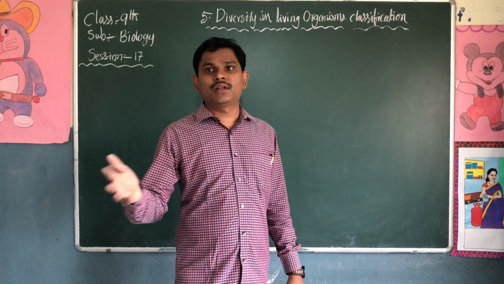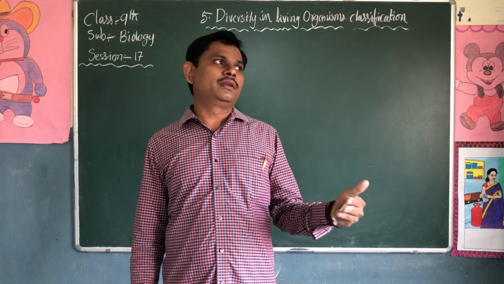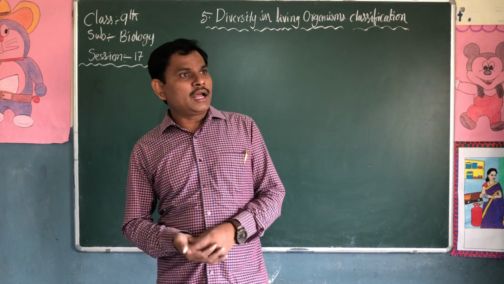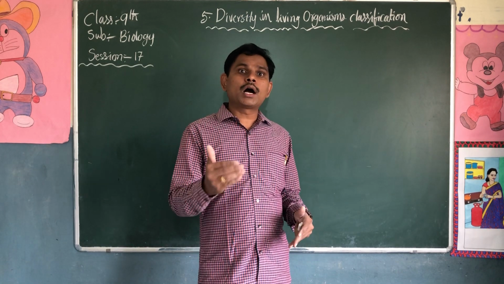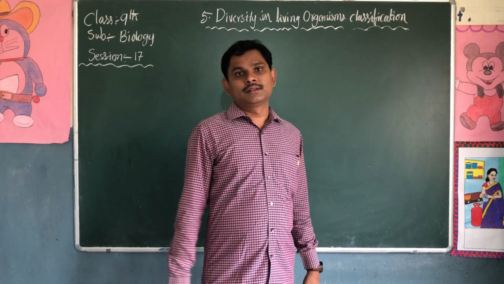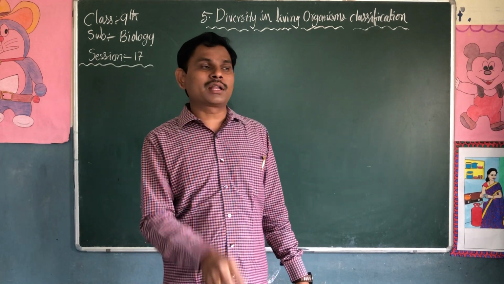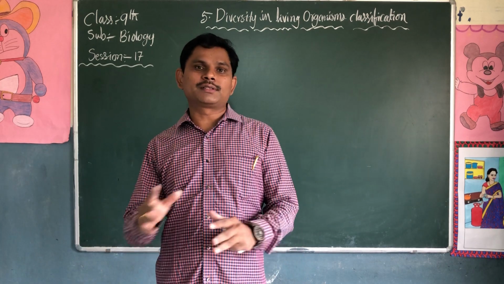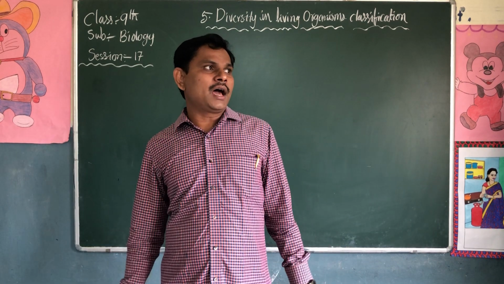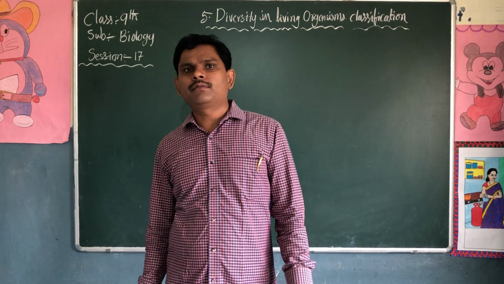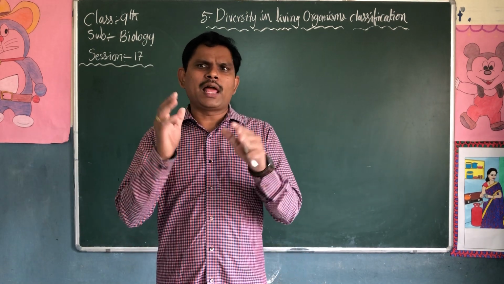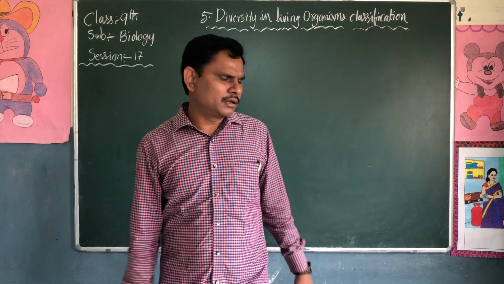Some plants give flowers, some plants do not. Then again there are monocots and dicots. Some seeds have a single cotyledon, some seeds have two cotyledons. There are some very big plants and some small trees. Like this they have divided them.